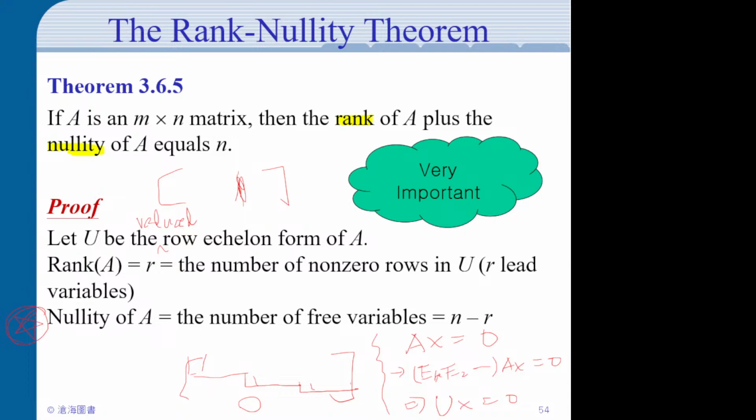Let's think about the rows of A. A is m by n, right? So if you think about the rows, there are n-dimensional vectors.